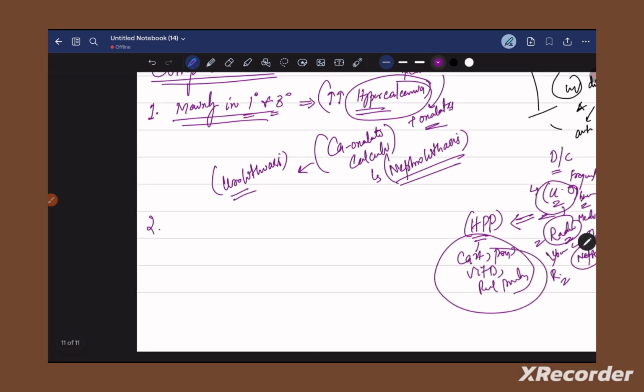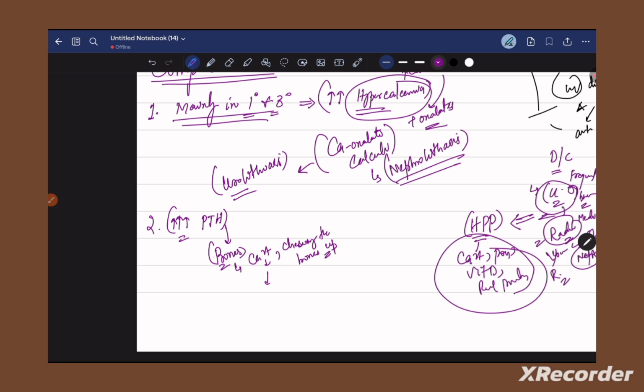The second complication is this: in hyperparathyroidism, in all cases there is increased secretion of PTH. PTH acts on the bones and causes reabsorption of calcium from the bones, in other words it is chewing the bones up.